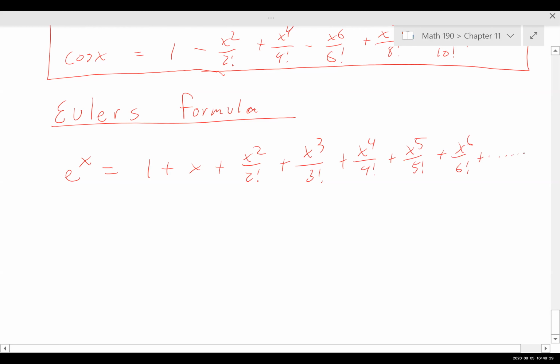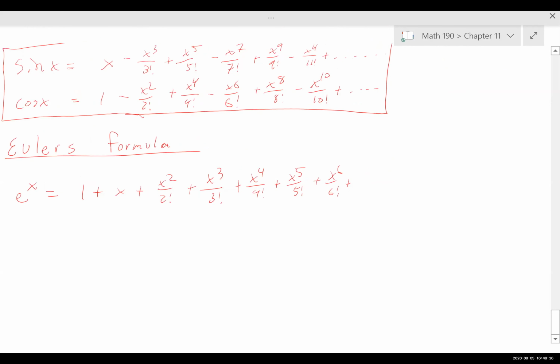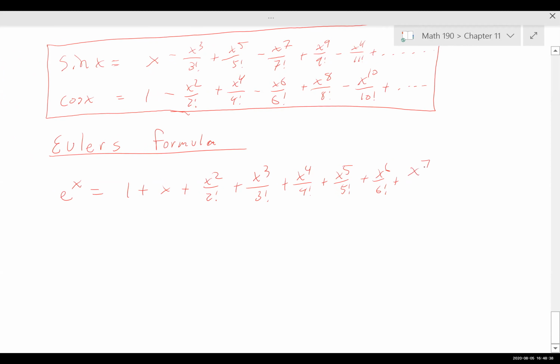Are we good on this? Actually, let's go out a few more terms. I really want to do this justice. This is x to the 7th over 7 factorial plus x to the 8th over 8 factorial plus x to the 9th over 9 factorial plus dot, dot, dot. Does that make sense?